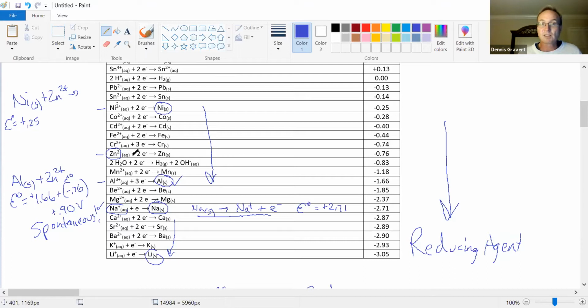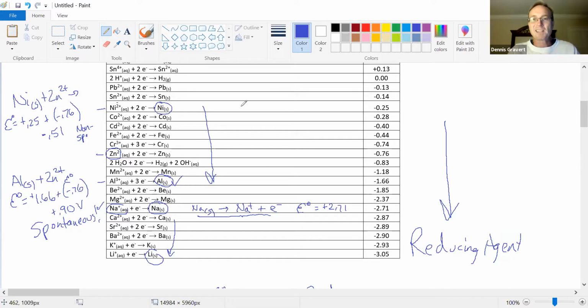Zinc is still written in the correct order. I want it to go from zinc plus 2 to zinc metal, and it's a minus 0.76. And then this is 0.51 negative. If you do the math, that's a negative voltage. If it's negative, it's not spontaneous. This is non-spontaneous, which means, nope, it's not going to react like that.